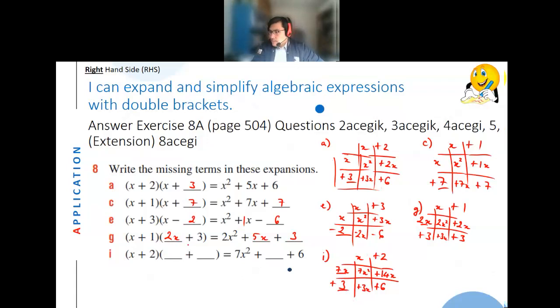So let's write this here: plus 7x plus 3. And we've got plus 3x plus 14x. That gives us plus 17x. And there we go. That's how we can work backwards and find out the numbers for question 8. I hope that this really helps you with exercise 8A here.